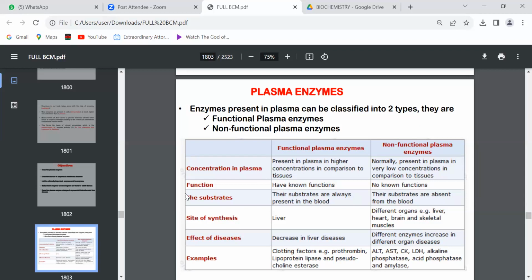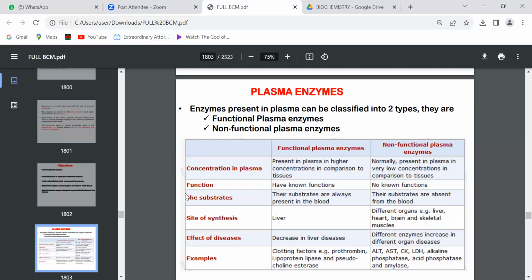Like we said, functional plasma enzymes are found in higher concentrations in plasma. Of course, you'll know what they do and to what substrates, and their substrates are always present in blood. They are produced from the liver. So if they decrease, of course you'll know there's a problem with the liver or something like that.